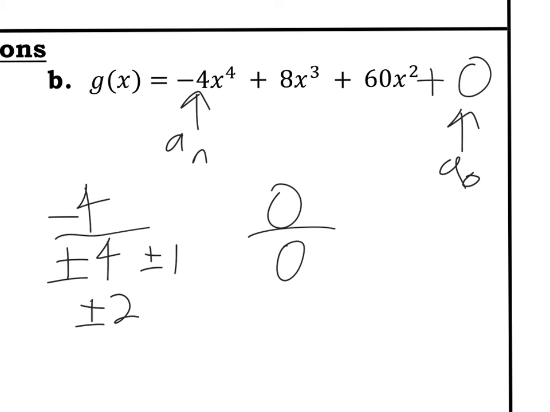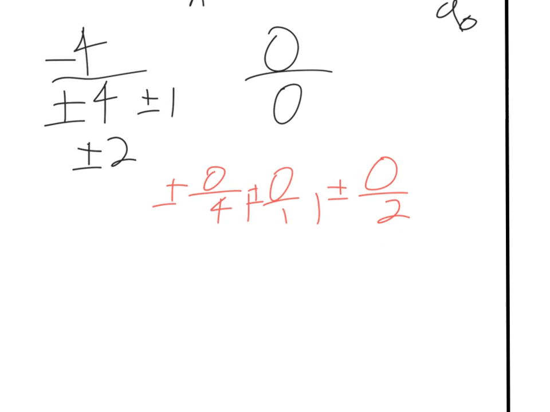Well, that's just 0, okay? So the possible solutions would be 0 over 4, plus or minus 0 over 1, 0 over 2, technically speaking. But since 0 divided by anything is 0, x equals 0 is my only possible solution.